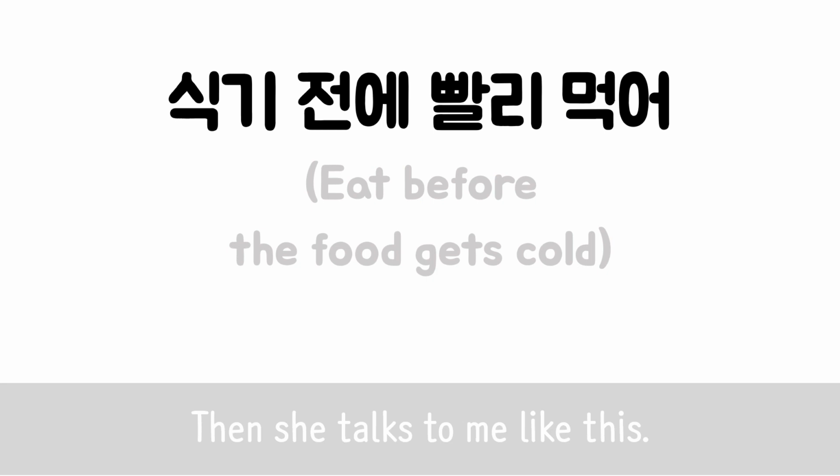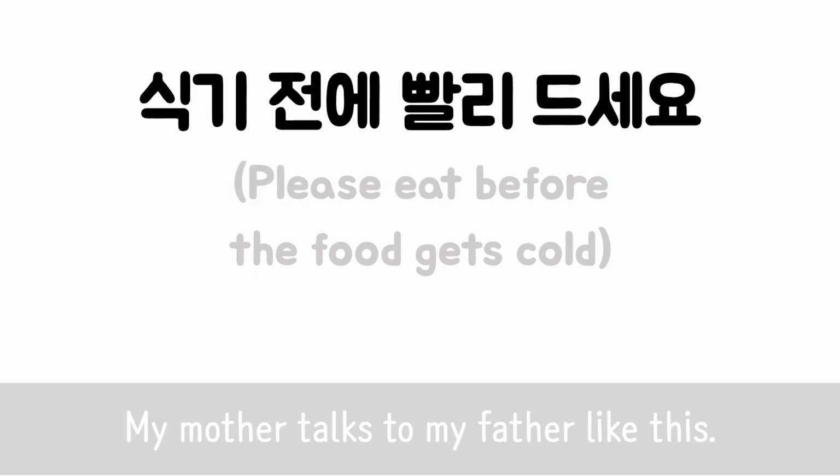My mother talks to me like this. 씻기 전에 빨리 먹어. But my mother talks to my father like this. 씻기 전에 빨리 드세요. Because she always uses 존댓말 to my father. Not every couple talks like that. Yes.